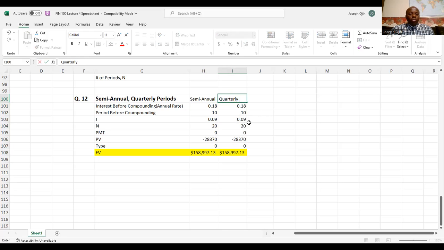Look at these numbers as they change when I change the interest and the number of compoundments. So the interest this time equals 18% divided by 4, and I see it changes. Now the number of compoundments: the compounding period equals 10 years times 4.